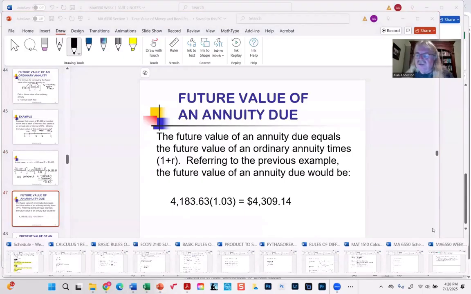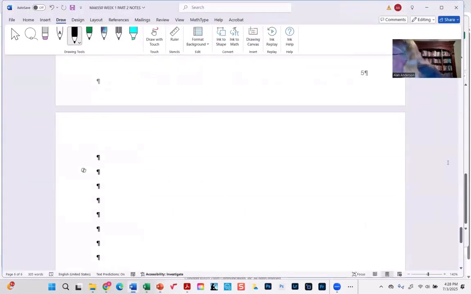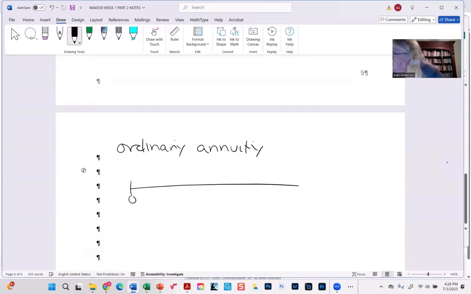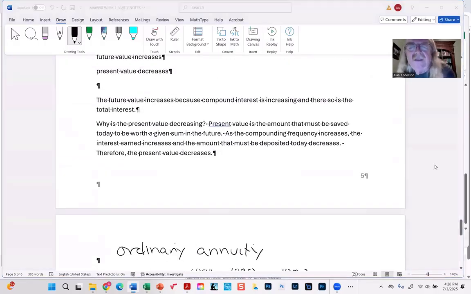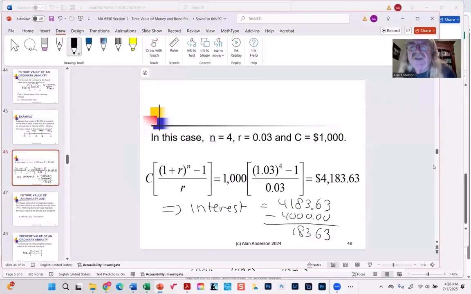All right, let me draw this into the notes where I have plenty of room. And the interest is 3%. Okay, great.